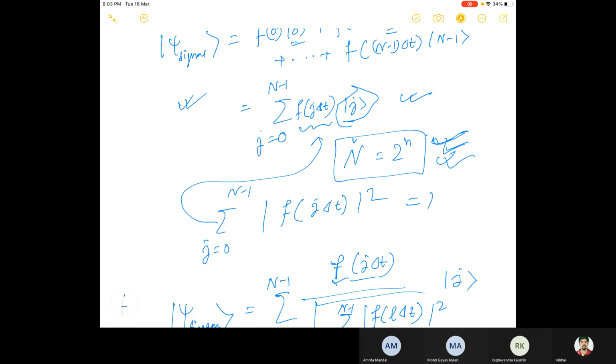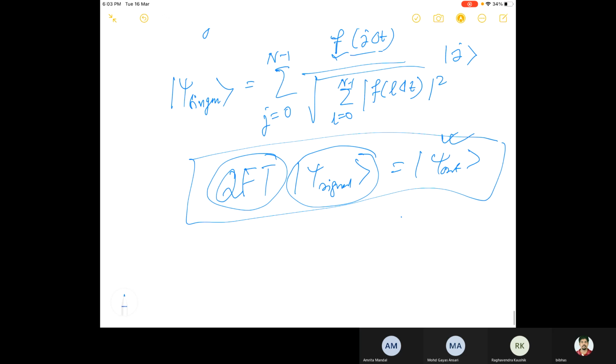But what happens if I bring that into the quantum domain? I will show that the circuit corresponding to this matrix QFT needs only a polynomial number of gates, polynomial in n, the size of the circuit. The number of gates is nothing but the number of operations.